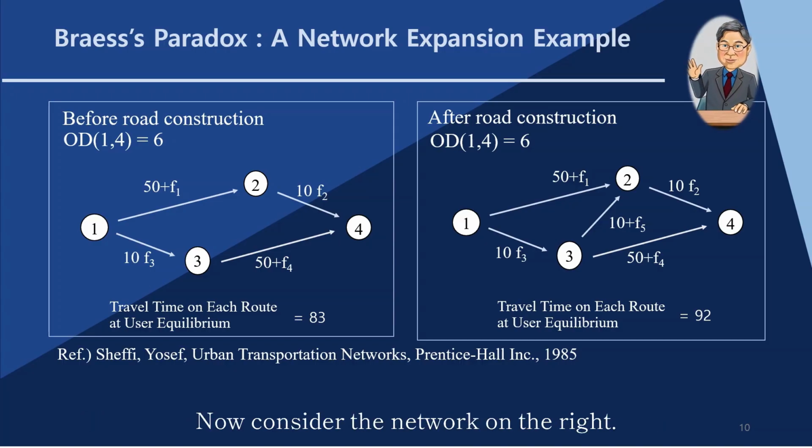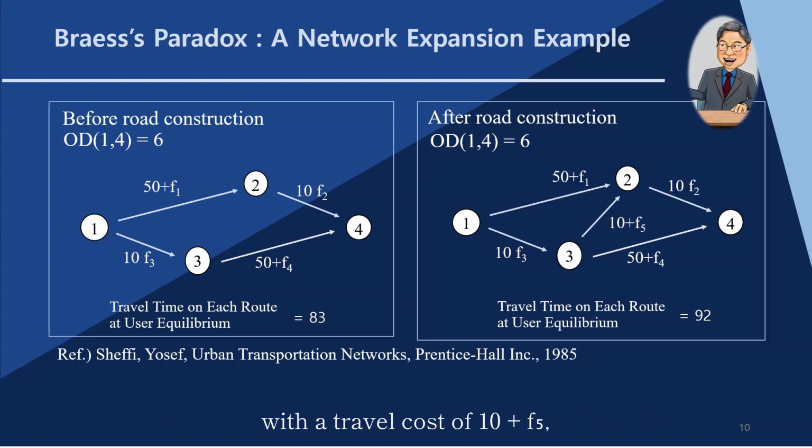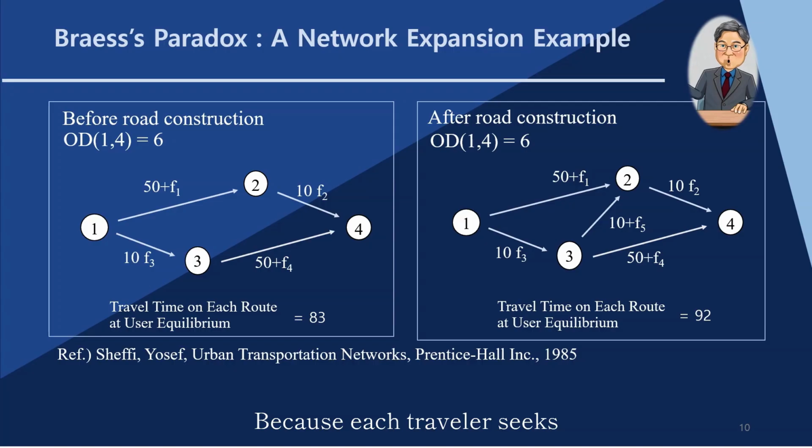Now consider the network on the right. A new road, link 5, connecting nodes 3 and 2 with a travel cost of 10 plus F5, is added to the network. This creates a new alternative route, path 1-3-2-4. Because each traveler seeks to minimize their own travel time, individual travelers begin switching to this newly available route.